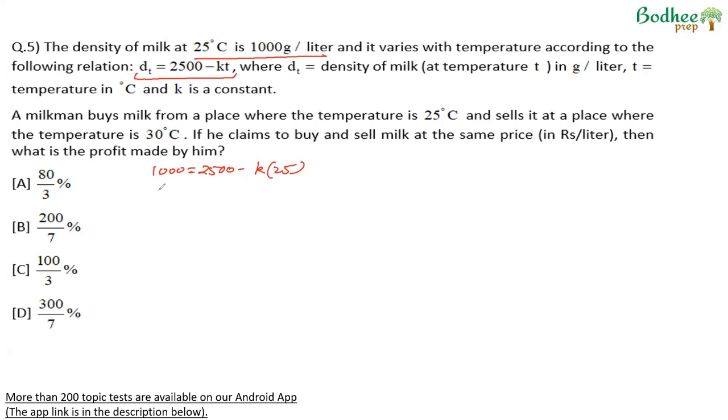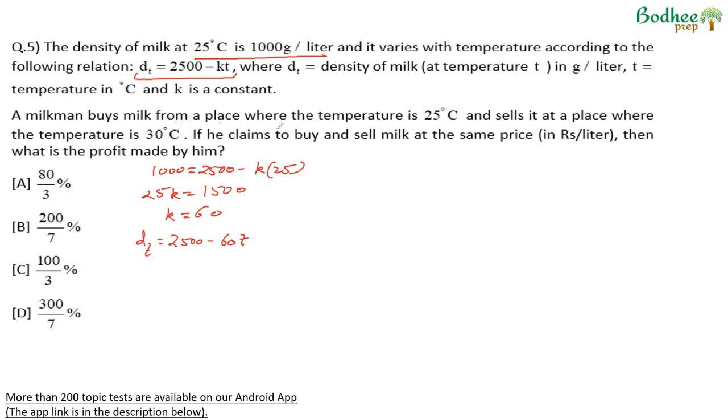So this becomes 25 K is equal to 1500, which means K is equal to 60. 1500 by 25. Which means the formula should be written as density is equal to 2500 minus 60 into T.